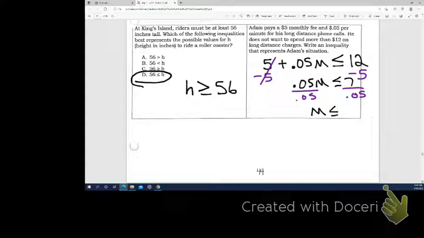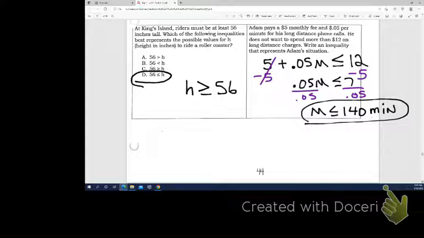So then this turns out to be 140, because we're dividing by a decimal, so we do get a larger number. That tiny number we're dividing by, we get a larger number. We're not used to dividing and seeing a larger number. But keep in mind, $7 is like 700 cents. And each minute only costs 5 cents.